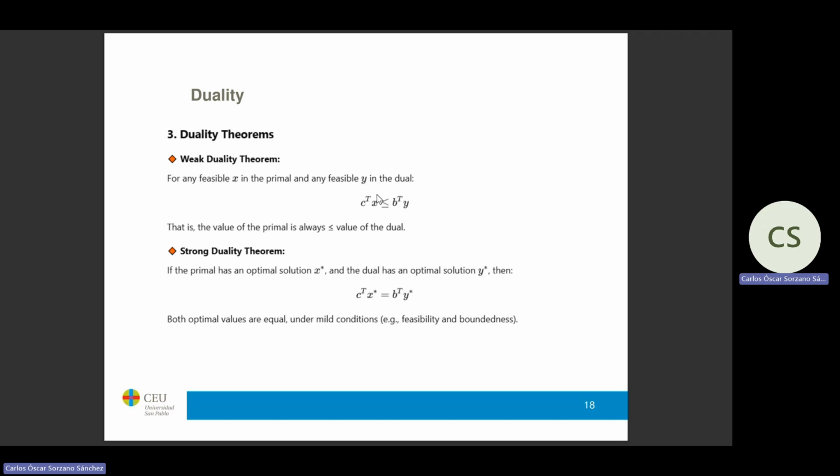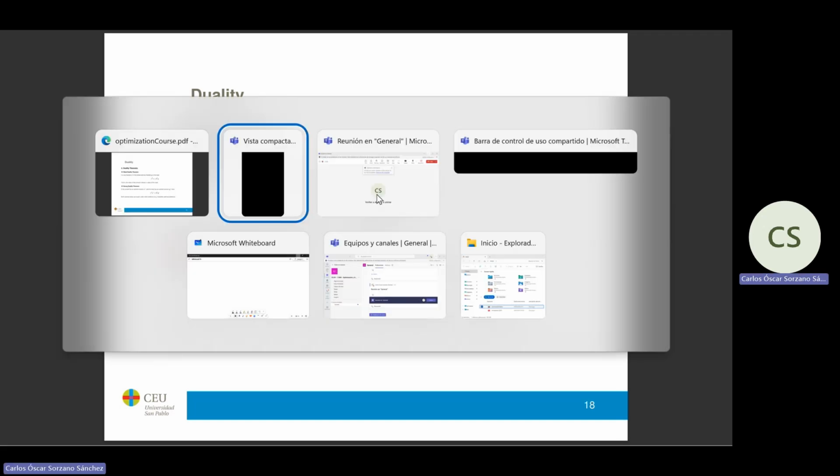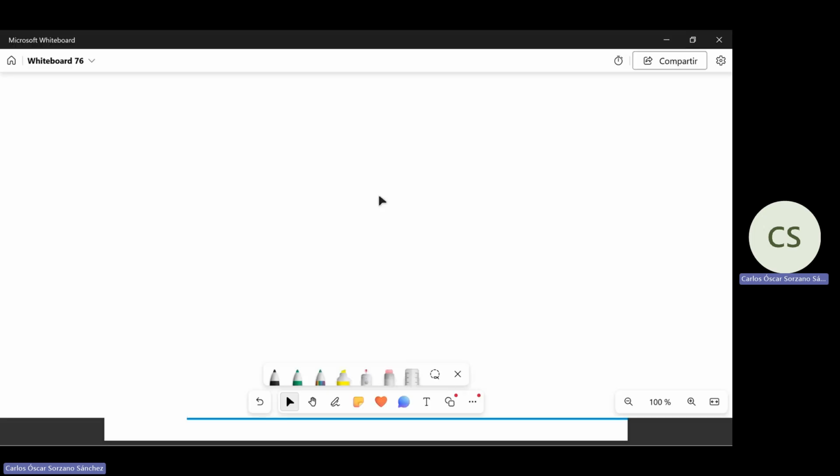So I will make this drawing. The drawing is not accurate, but more or less it conveys the right idea. So let's say that somehow I'm representing here X and Y. And here I'm representing the goal function of the primal problem and the goal function of the dual problem. Now it is not accurate because those are hyperplanes.